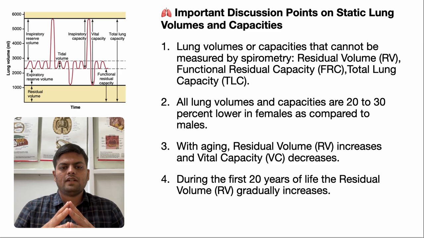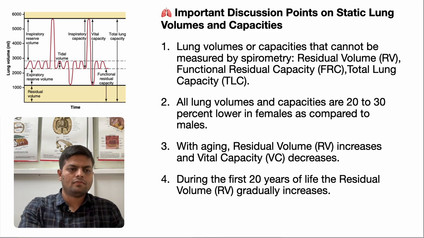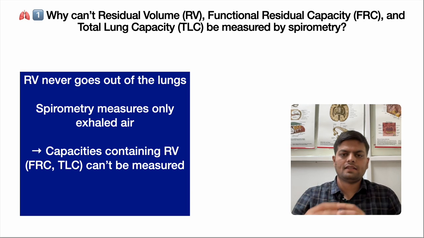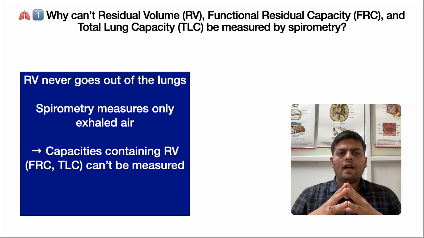Now let's move a step deeper and understand the physiological reasons behind them through a few interesting conceptual questions. This is question number 1. Why can't residual volume, functional residual capacity and total lung capacity be measured by spirometry?